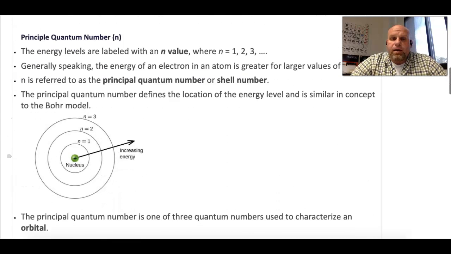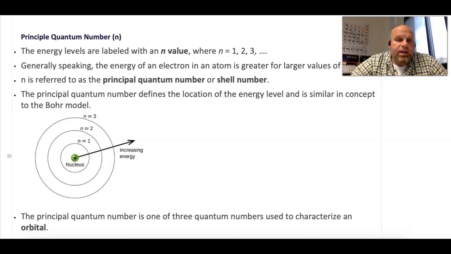Okay, so we're going to talk about quantum numbers here and tie these into, like I said at the beginning, some of those electron configuration notes that you already may be familiar with. Okay, so the energy levels, 1, 2, 3, and so forth, are labeled with the value n, and this is our principal quantum number.